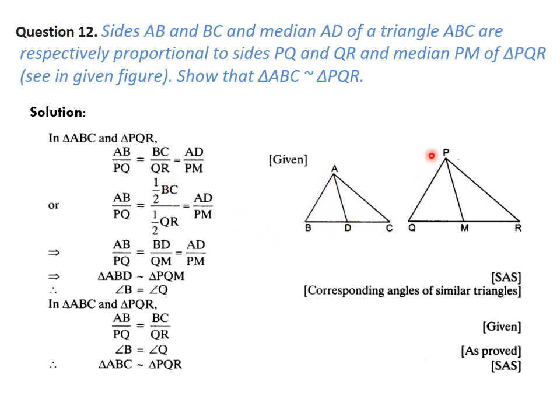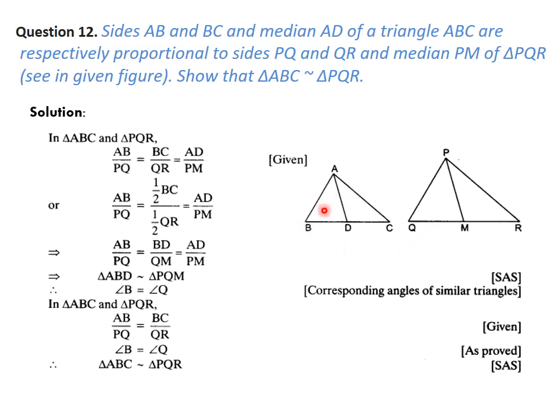That means these sides are proportional. Again, these two sides are proportional. If we can prove that angle B is equal to angle Q, then we can use the SAS similarity rule. So for that, we will target proving angle B is equal to angle Q.